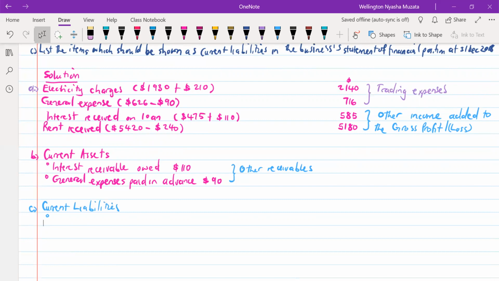We have electricity charges of 210 that are due but not paid. So we still owe the electricity supply authority 210.